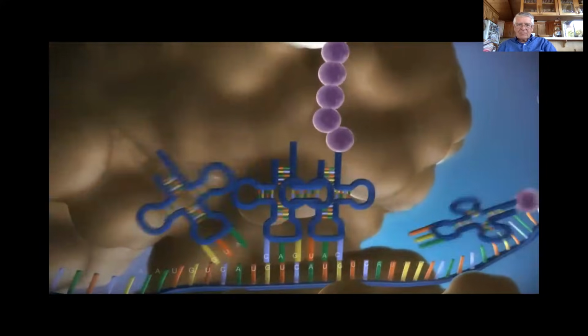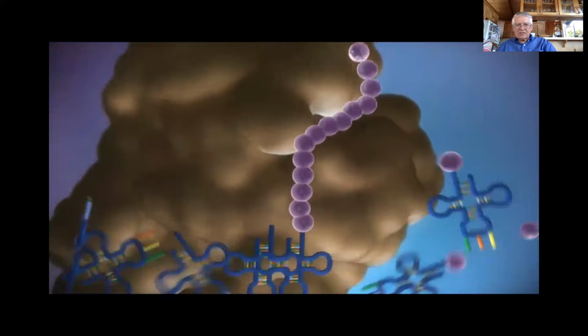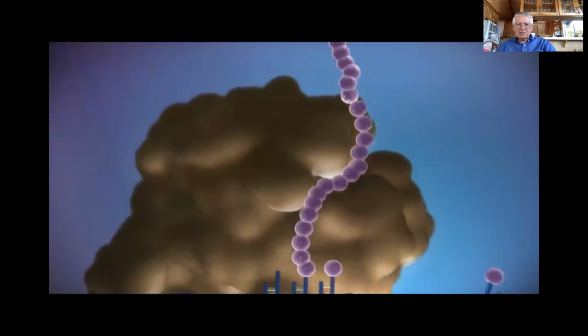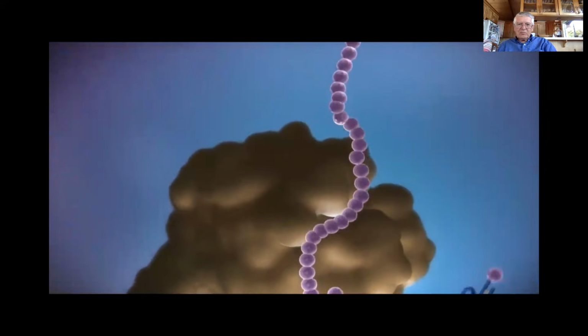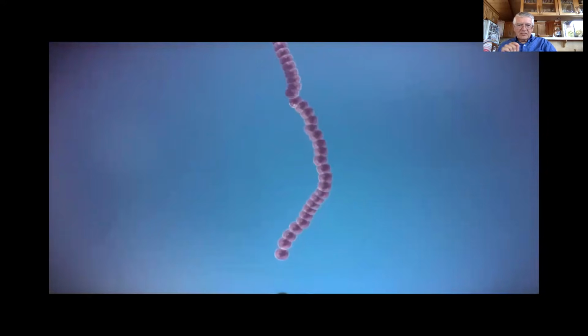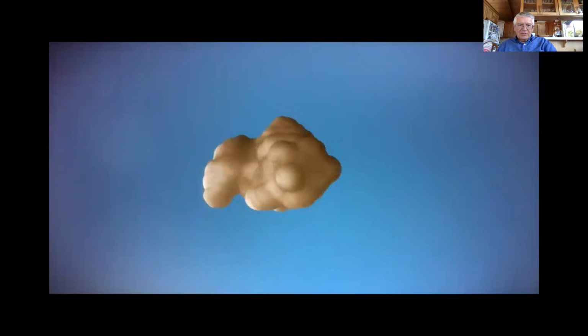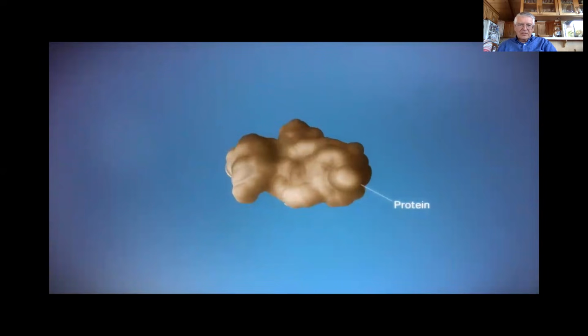That's actually fed through a channel that exists in the ribosome, at the top of the ribosome. And the chain of amino acids, 20 different kinds of amino acids, but in a specific sequence, they will interact and bind to each other until they fold up into a protein with a very specific shape. And on the surface of this protein are binding sites for other chemicals in the cell.